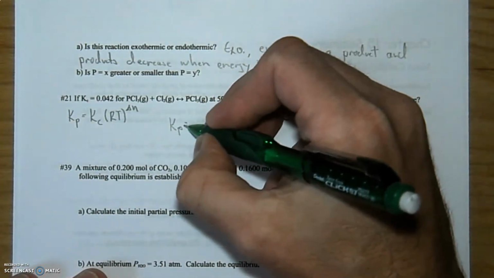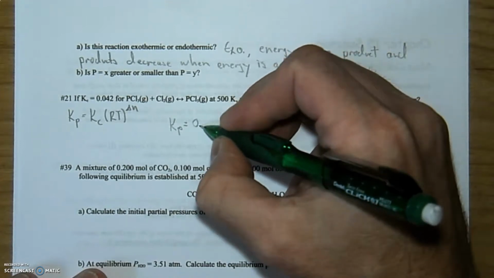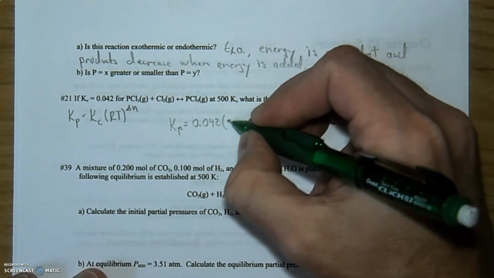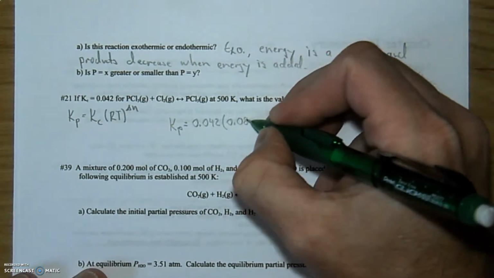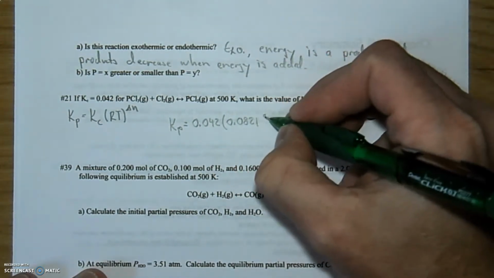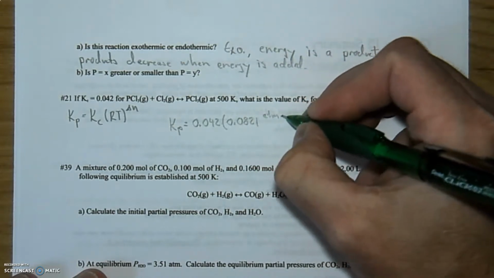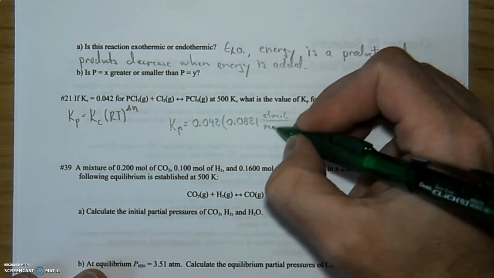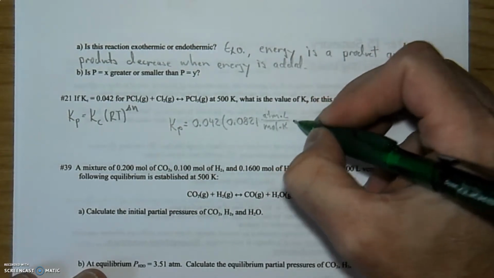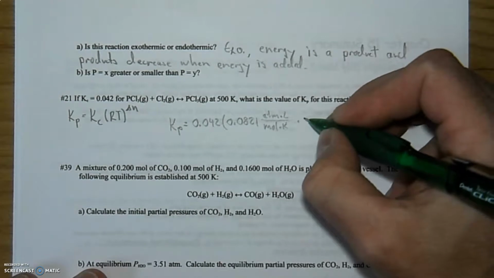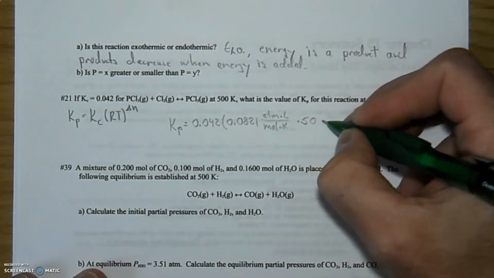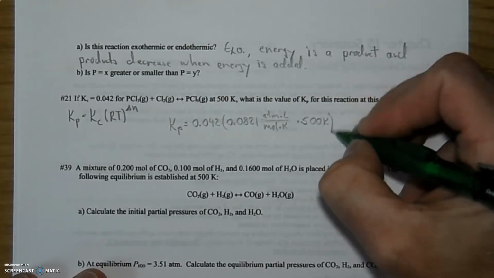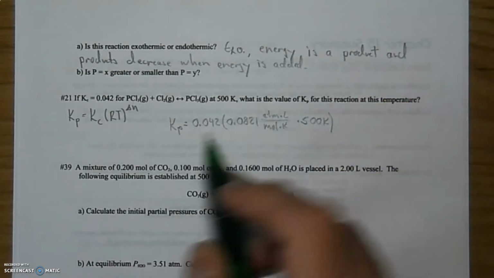Kp is equal to, Kc is 0.042, R value 0.0821. I won't always put the units in here, but I will for this one. Liters atm per mole Kelvin times temperature, 500 Kelvin. And as far as the moles go, let's take a look.